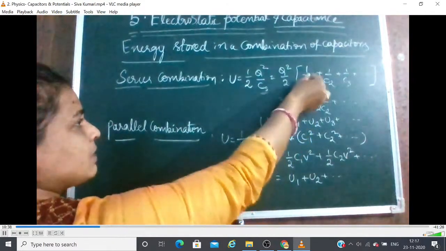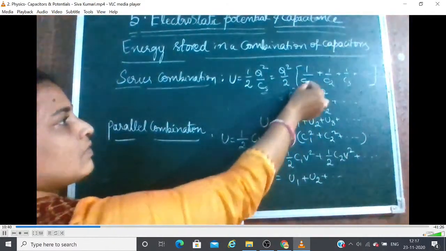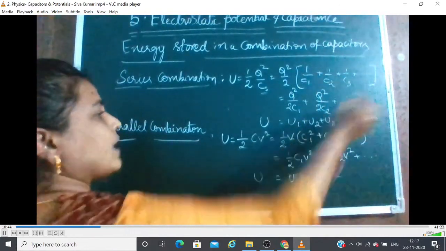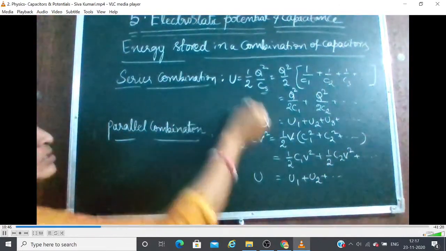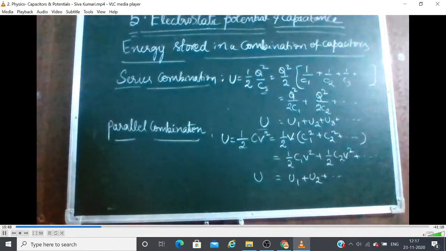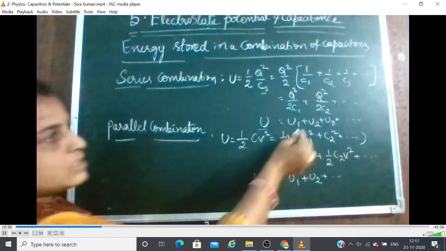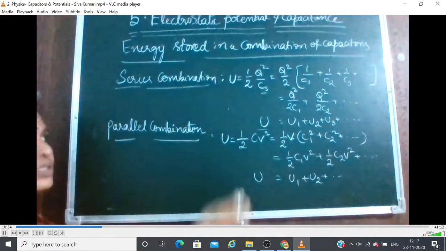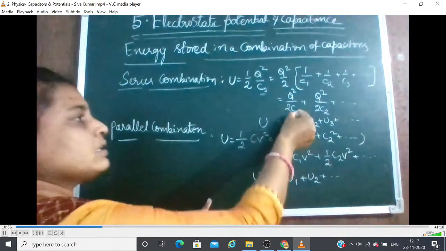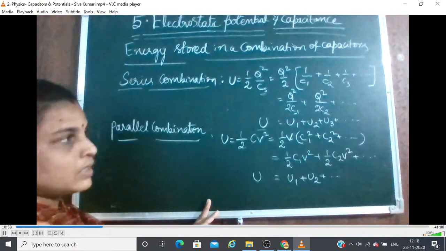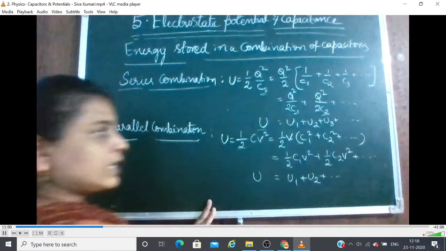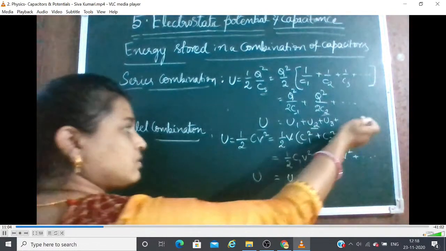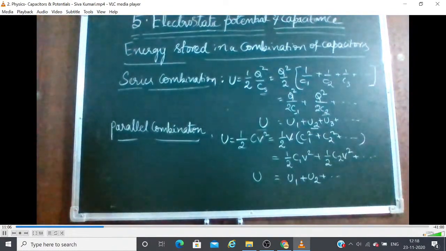So if we multiply with this one, we will get Q square by 2C1 plus Q square by 2C2 and so on. So the total energy stored when combined in series is equal to U1, the energy stored in the capacitor C1, and for the second capacitor the energy stored is U2, plus U3 and so on.